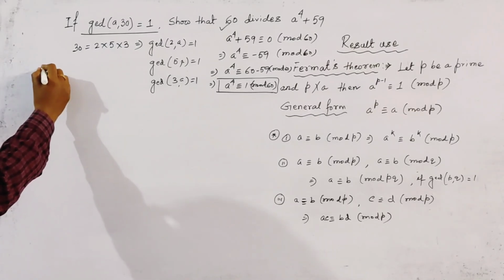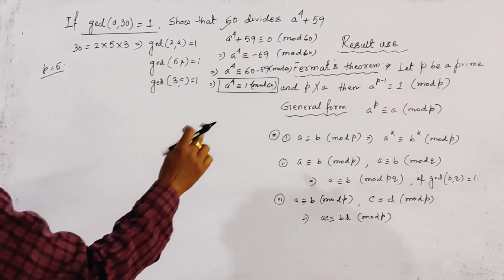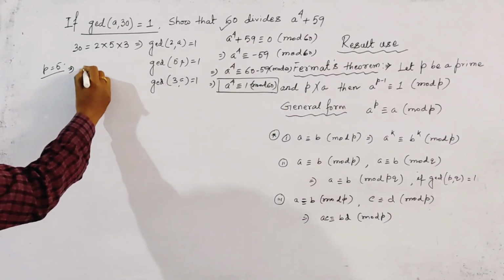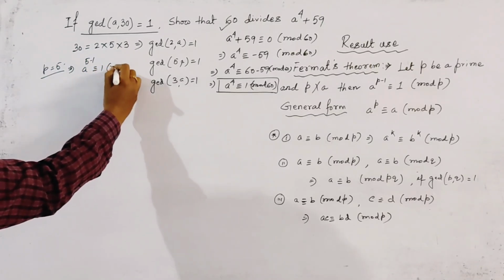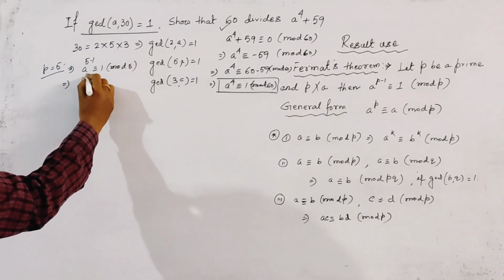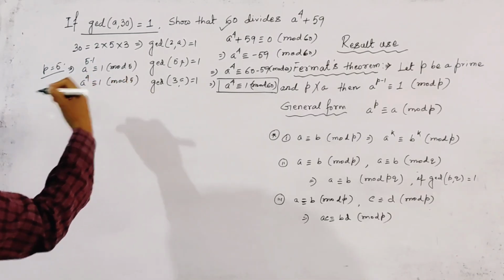Now if we take p equal to 5 and use Fermat's theorem, we can write a to the power 5 minus 1 is congruent to 1 mod 5, that is a to the power 4 is congruent to 1 mod 5.